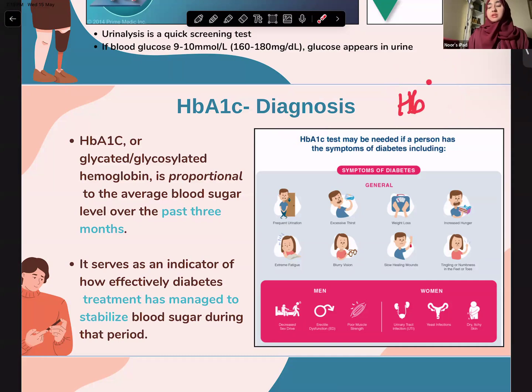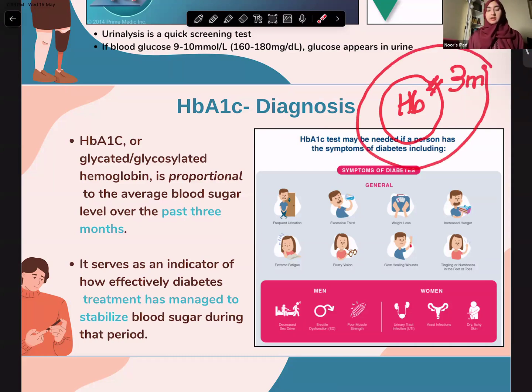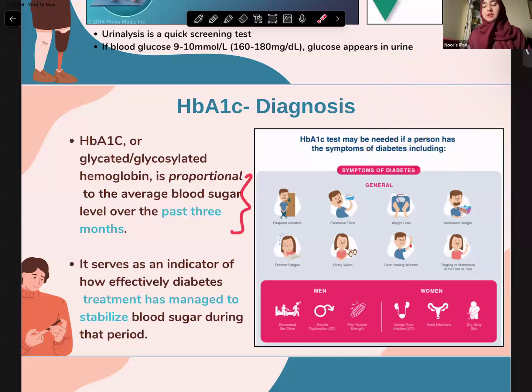That hemoglobin will be surviving in the red blood cells for 3 months, and the glucose attached to the hemoglobin will also be surviving for 3 months until it dies. So that is why it gives an average of the past 3 months. So it's related to the lifespan of RBCs. Okay, it's a very good indicator of how effectively diabetes treatment has managed to stabilize blood sugar during that period.